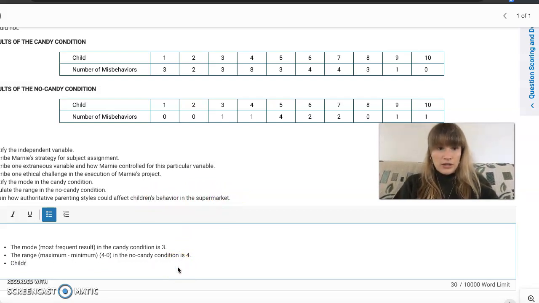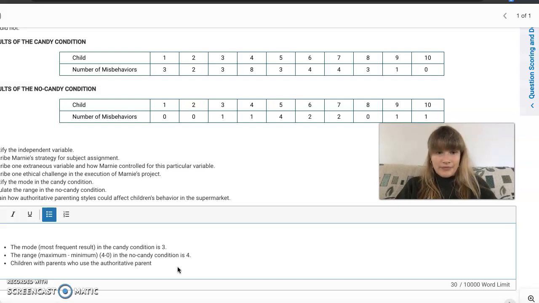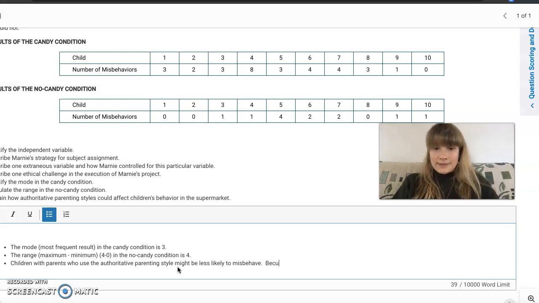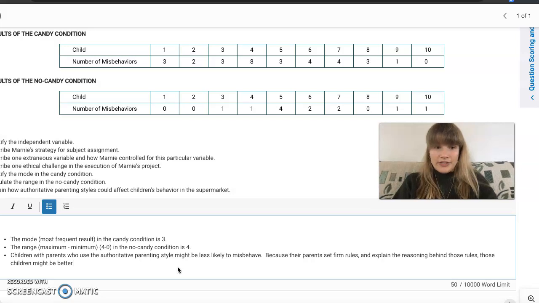Children with parents who use the authoritative parenting style, not authoritarian, but authoritative, just to make it confusing, might be, and this is just me guessing, less likely to misbehave because their parents set firm rules and explain the reasoning behind those rules. Those children might be better behaved.